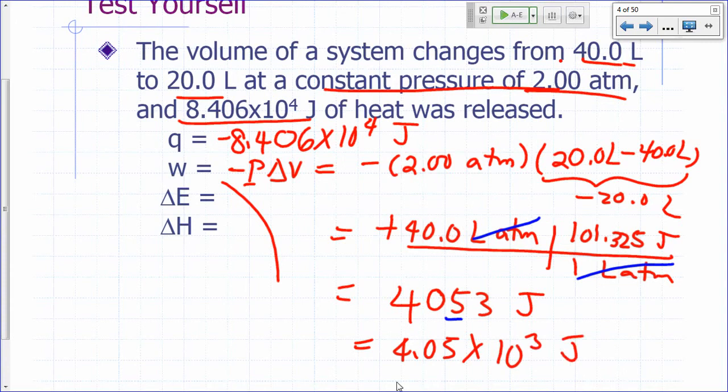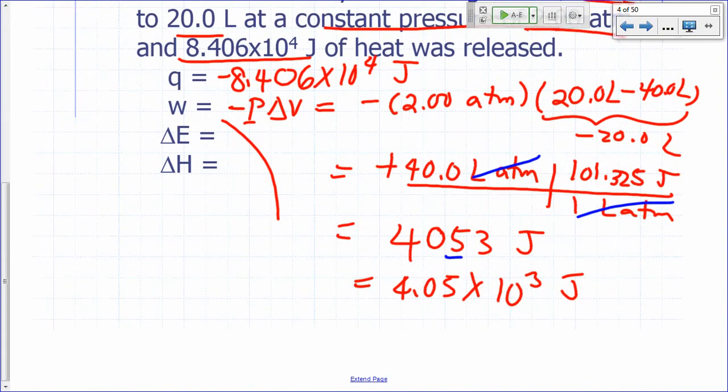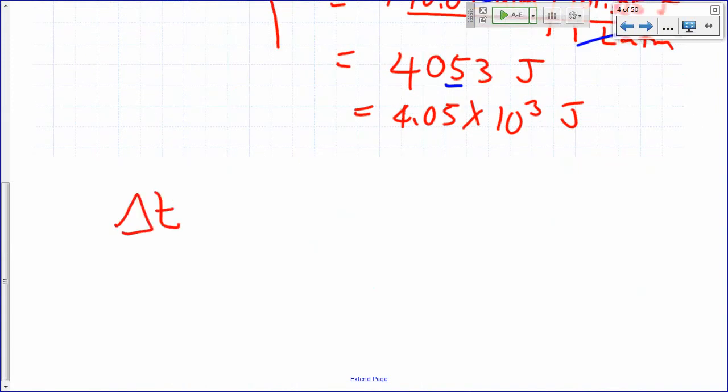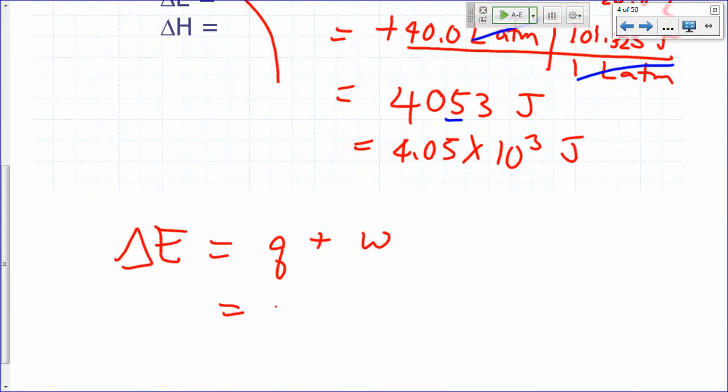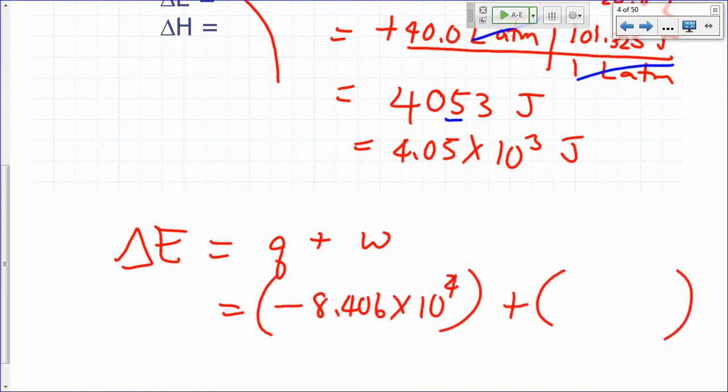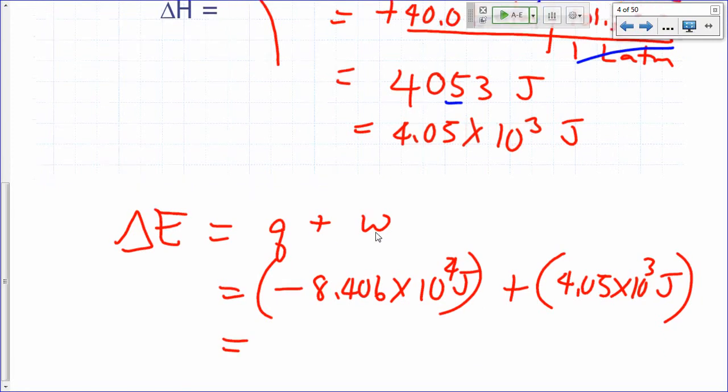What's our delta E? The first law of thermodynamics says delta E is Q plus W. So what's our Q? Negative 8.406 times 10 to the fourth joules. What's our W? Positive 4.05 times 10 to the third joules. So what would our delta E be?